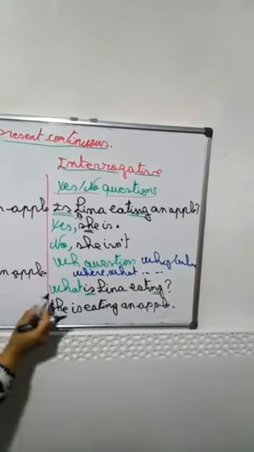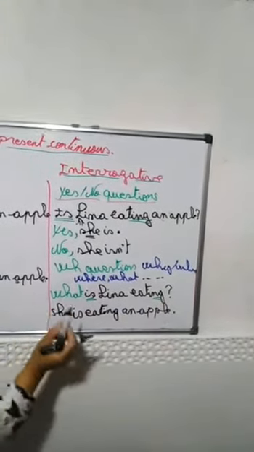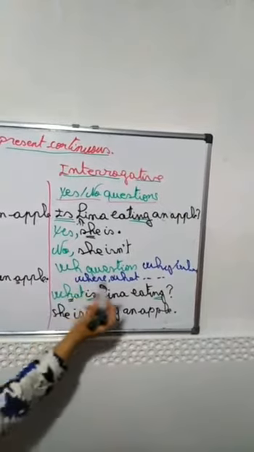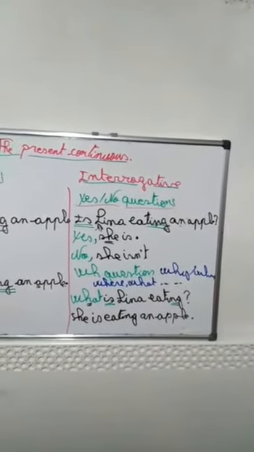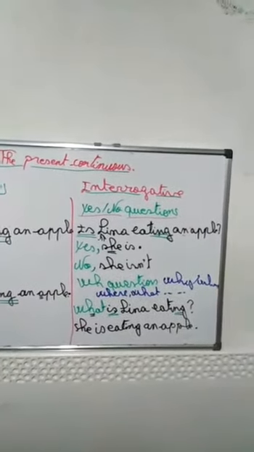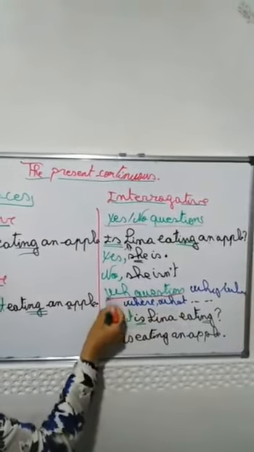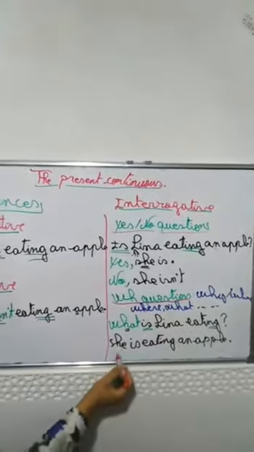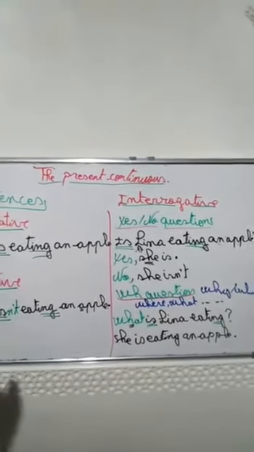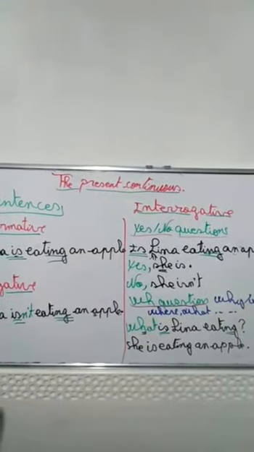That's why I can't say what is Lina eating an apple. No, because this what here I'm asking about the object. So just what is Lina eating? She is eating an apple. Is this clear? I hope you understand the lesson.